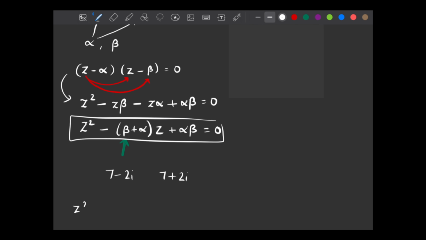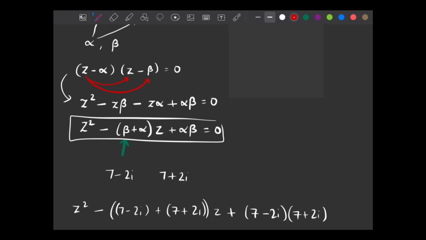You can simply write down z squared minus alpha plus beta, so 7 minus 2i plus 7 plus 2i times z plus the product of these two, so 7 minus 2i times 7 plus 2i. So here, like we have alpha times beta, I've just multiplied these two together, and here is alpha plus beta as we have over here.